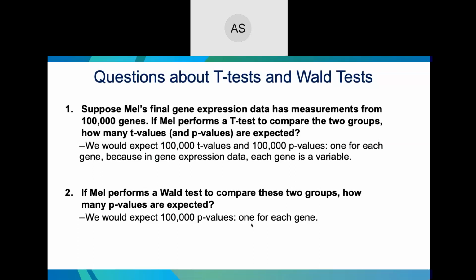So for RNA sequencing data, which has a very specific distribution type, and we're going to get into that a little bit later, we want to use a more flexible model that can be more specific to the distribution, such as the Wald test. It's not wrong to run a t-test on RNA sequencing data, and you can still get good and valid results.